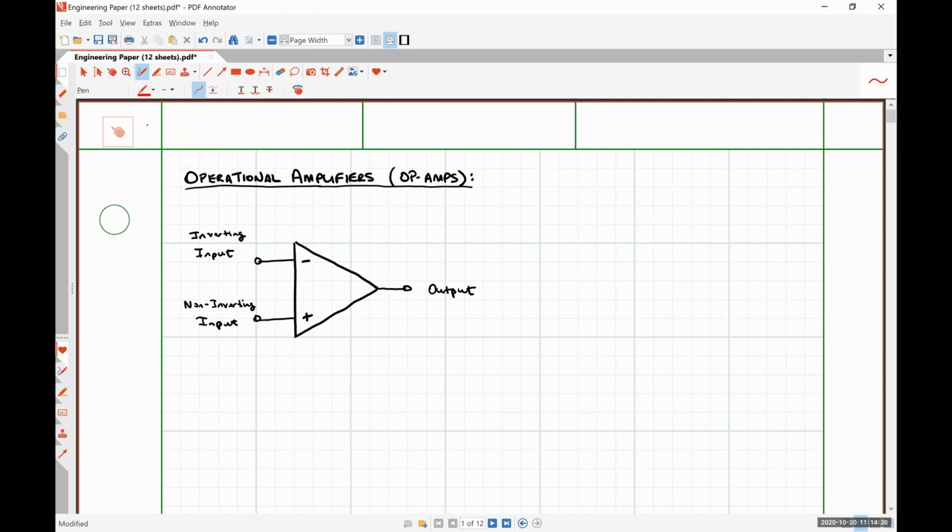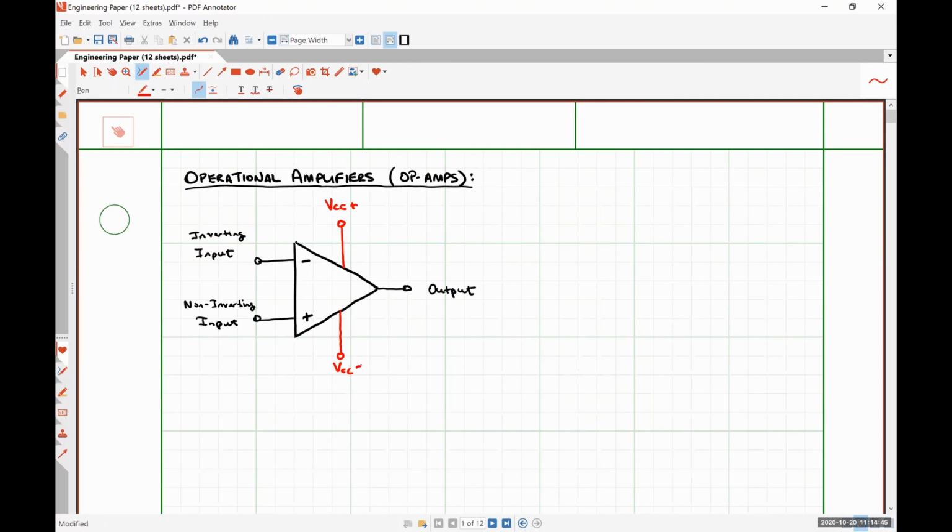Because our op-amp is an active device, there's going to be at least two more pins. VCC plus, which is where we would connect a positive power supply voltage, and VCC minus, which is where we would connect a negative power supply voltage.